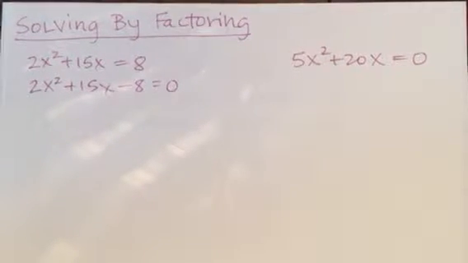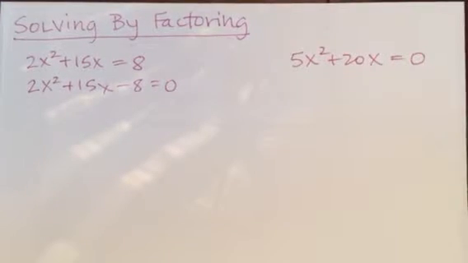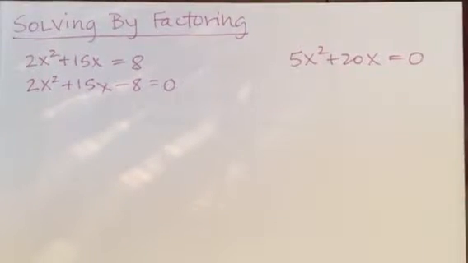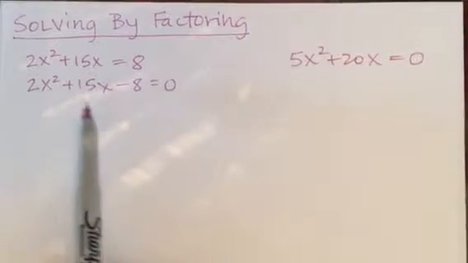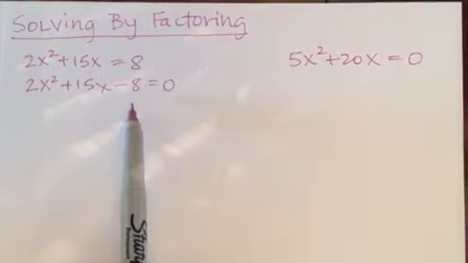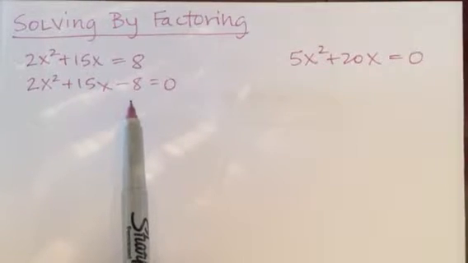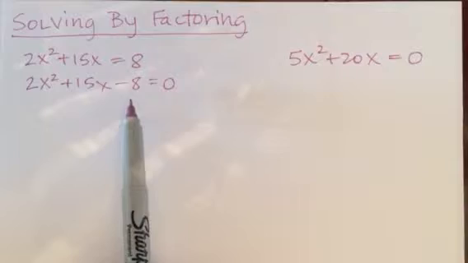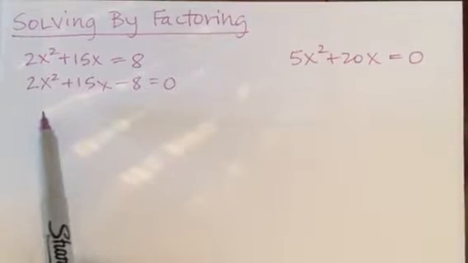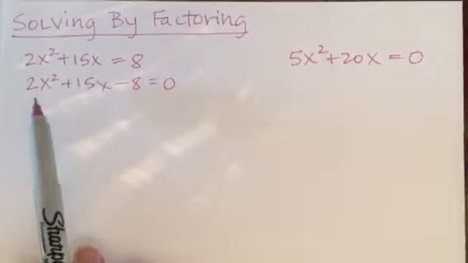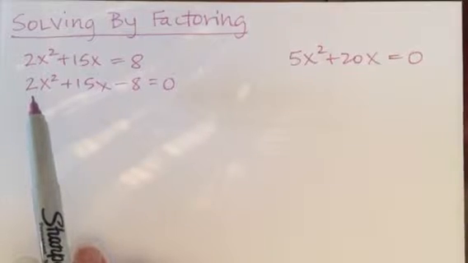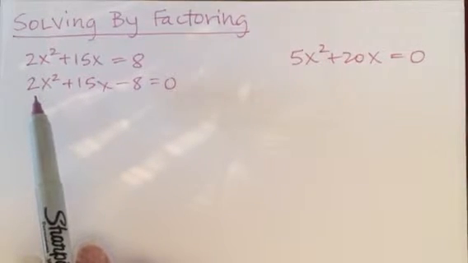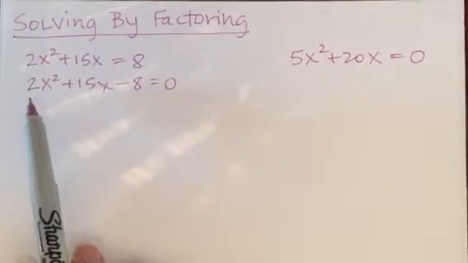And you may recall from prior conversations about factoring that first we would look for a greatest common factor. And if I look at these three terms, 2x squared, 15x, and negative 8, there is none. So then we use whatever techniques we know to factor this quadratic that has this leading coefficient of 2. And this is where some of you get tripped up.